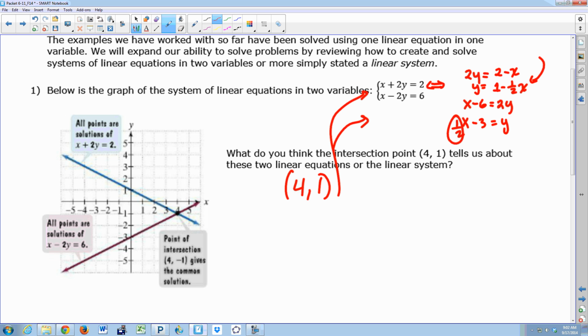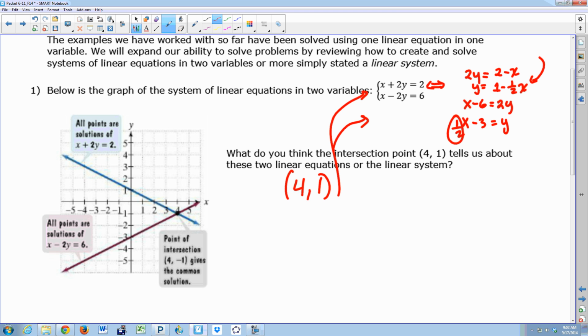It solves them. Well, every point, I'm just going to be a little picky, Alan, if you don't mind. Every point on this blue line solves this equation, and every single point on this red line solves that equation. Yeah, it's the one point that lies on both of the lines because it's where they intersect.